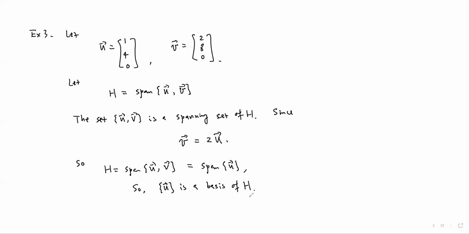If you plot the graph of H, imagine this is an axis frame and the origin is here. Let me plot vector U. Vector U is this vector, and vector V is this vector.